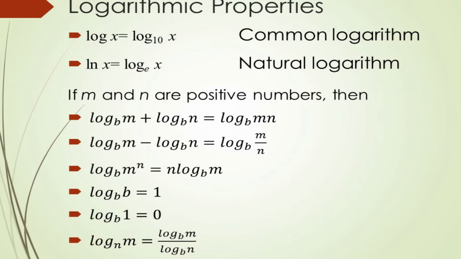So the counterpart of subtraction is division. And then log m raised to n with a base b is equal to n multiplied by log m with a base b. Okay? So that's our rule.